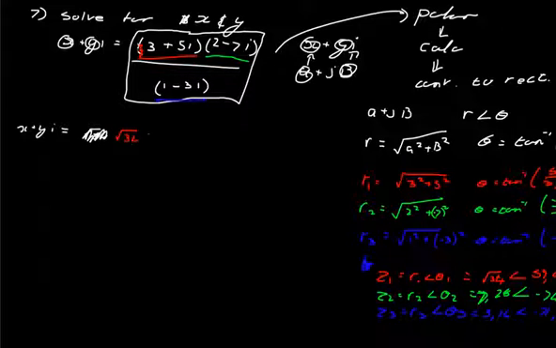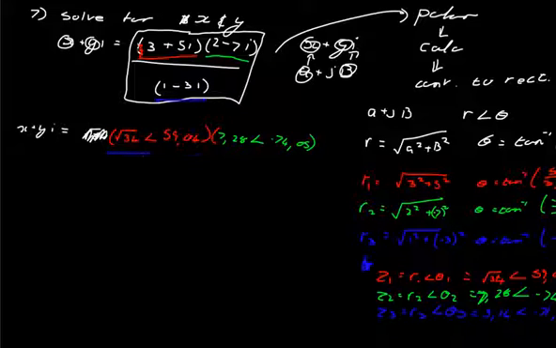Root 34 angle 59.04, multiplied by our second number, 7.28 angle minus 74.05, and our last number there is Z3, which is 3.16 angle minus 71.57.